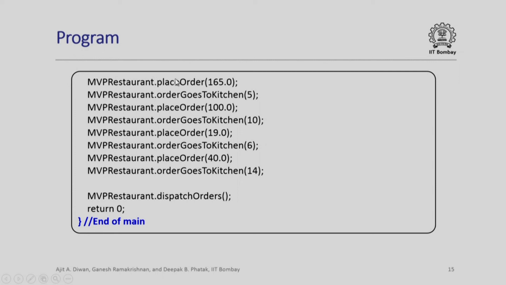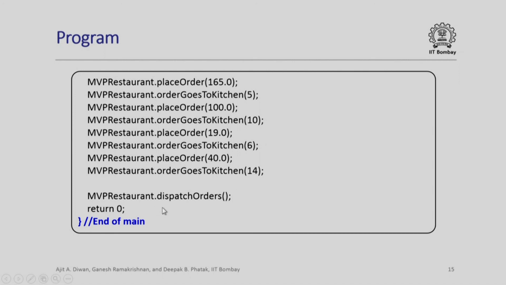So, the first person places the order, pays 165 rupees, and once that is done, that order goes to the kitchen. The second person does the same thing, the third person does the same thing, the fourth person does the same thing. So, at the end, all these 4 customers have placed their order, and their order along with the wait time, which again we have arbitrarily defined as 5, 10, 6, 14, etc., goes to the kitchen.